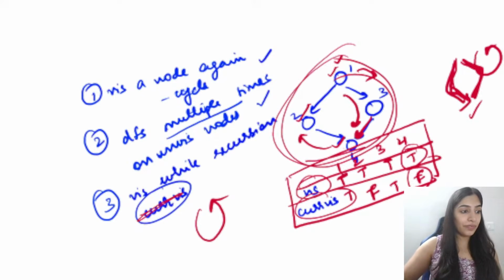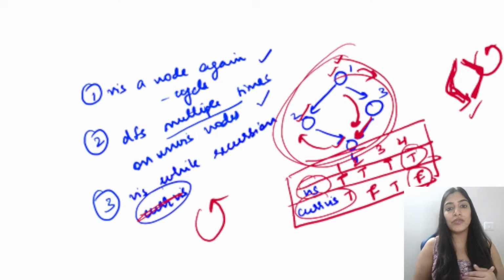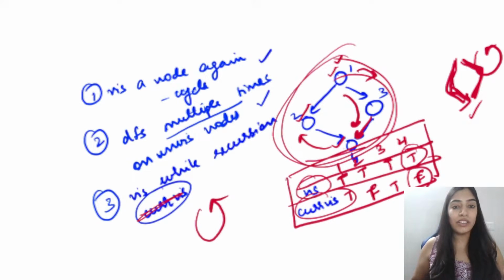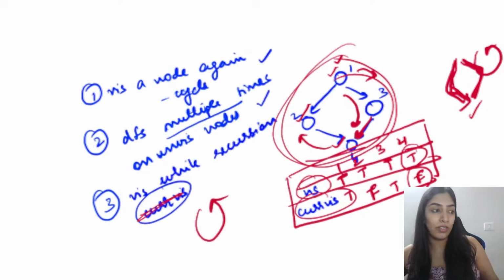Sampath is saying yes, we are checking in the current path whether the same node comes again or not. Very good, Sampath. So these are the three important points. First, we check whether we are visiting a node again, so there will be a cycle. But we also have to check whether it is in current visited or not. Second, we are going to do DFS multiple times on all the unvisited nodes.